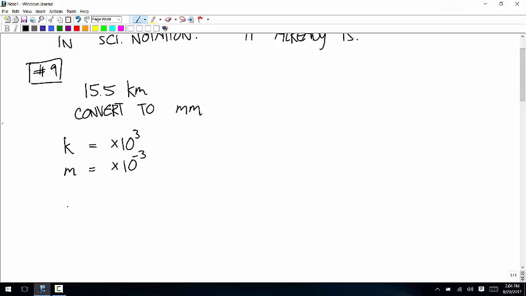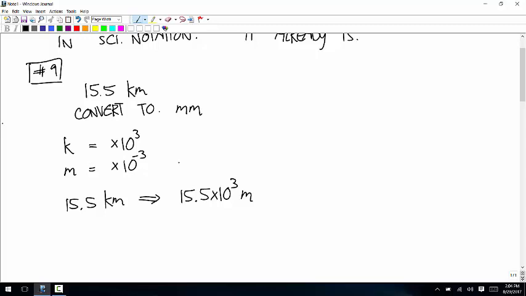And so 15.5 kilometers, I'm just going to rewrite that as 15.5, replace the kilo with times 10 to the 3rd, and that's meters. And so that's the starting point, and now we're just going to convert meters to millimeters.